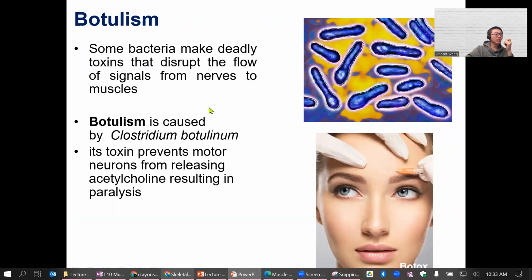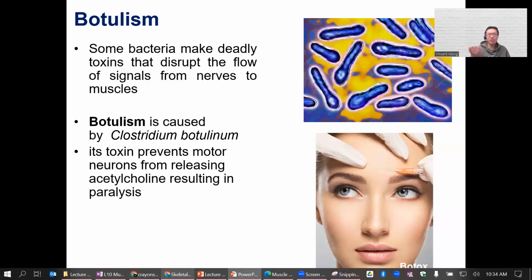Just a couple more diseases. Botulism. You probably have heard of Botox, right? Botox is basically injecting a toxin that's produced by the bacteria Clostridium botulinum. That's the same bacteria that causes botulism, which is a type of food poisoning.